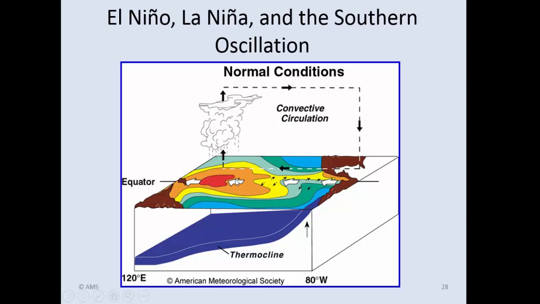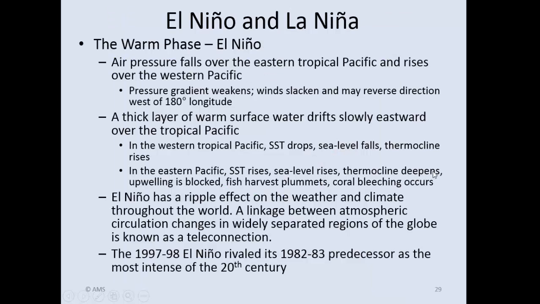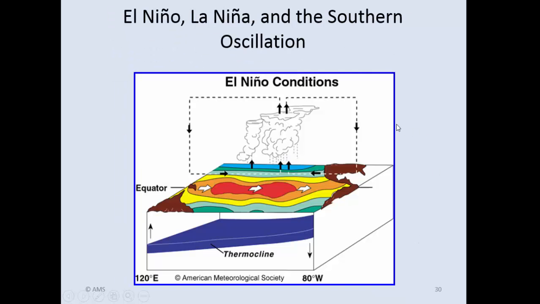Go over here to the Philippines, though. Very warm surface water is going to allow a lot of condensation. It's going to allow a lot of cumulonimbus clouds to develop, a lot of precipitation. So normally it's wet over in the Western Pacific in Indonesia and the Philippines, and very dry over here. Let's switch to this. I'll talk more about that last slide in a second.